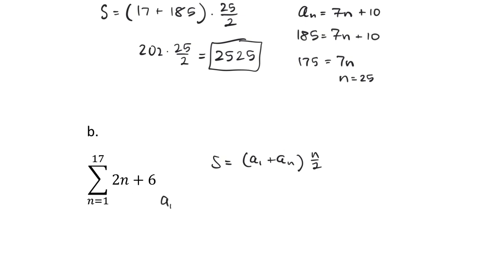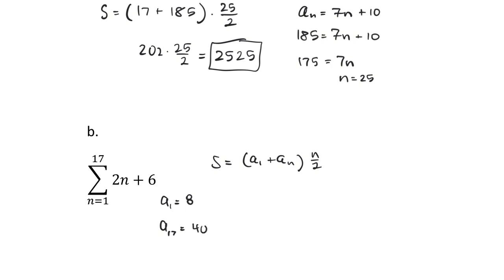So the first term, a sub 1, if we plug in a 1 for n, 2 times 1 is 2, 2 plus 6 is 8. To find the 17th term, we plug in a 17. 2 times 17 is 34. 34 plus 6 is 40.